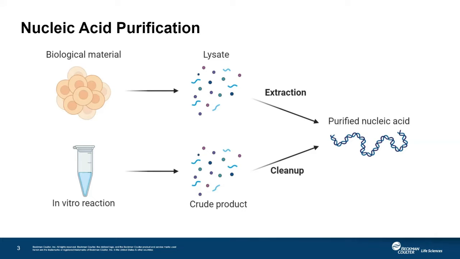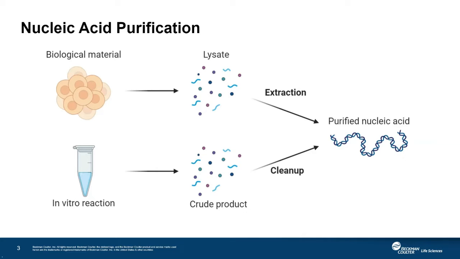You need to get that nucleic acid out of there. So you'll start your process with your lysate. A lot of times that is quite dirty, quite crude. You will have cellular debris in there. You oftentimes can still have some carryover of sample buffer, things like that. So that is, in our world, and what we'll be talking about further down in this presentation, extraction.